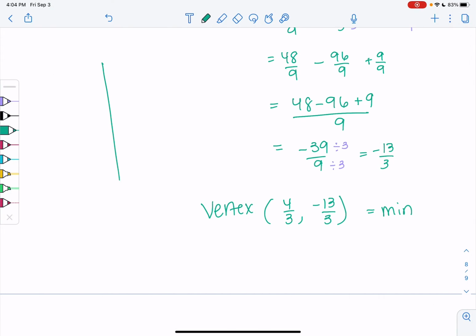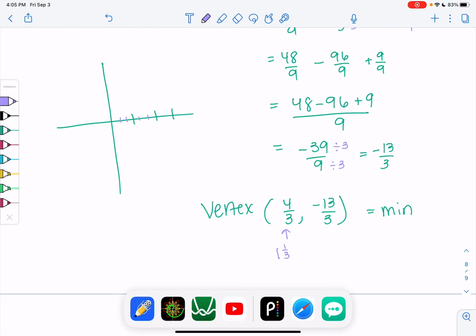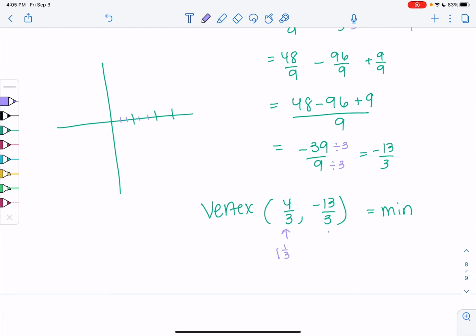So if I were to graph this, we have 4/3 is a little bit past 1, right? Because it's 1 and 1/3. We like improper fractions, so we're going to leave them as is. But maybe for graphing, we think about what it is. 13/3, right, would be 13 divided by 3.